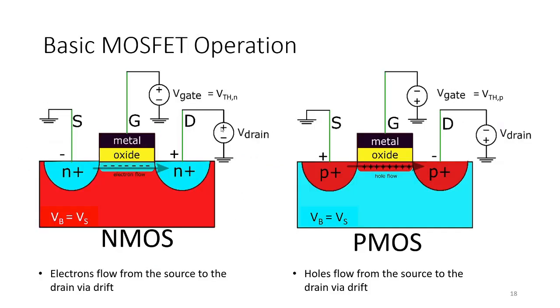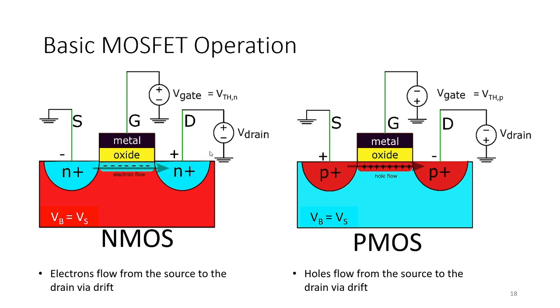Now, if we reach this threshold voltage, VTHN for an NMOS and VTHP for PMOS, and we introduce a voltage across the drain and source, shown here, there will be an electron flow from the source to the drain for an NMOS, and a hole current flow from the source to the drain for a PMOS, shown here.